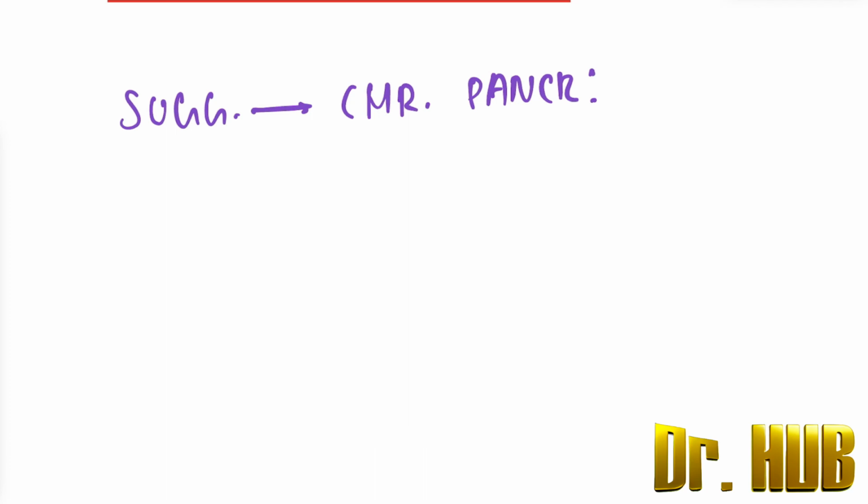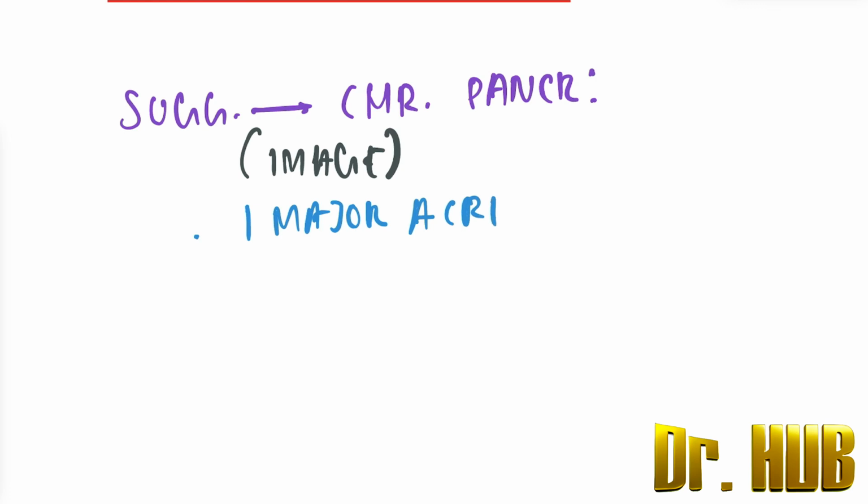First one was consistent with chronic pancreatitis. Next is suggestive of chronic pancreatitis. Here this requires imaging for confirmation. It includes one major A criterion plus less than 3 minor criteria.